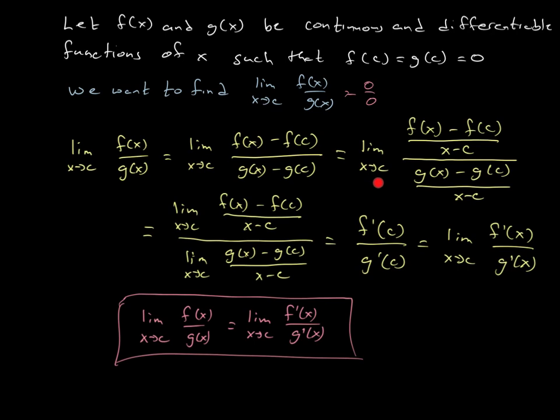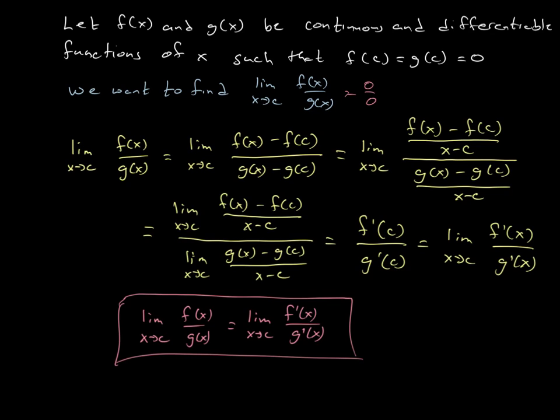And so this limit here, the limit as x approaches c of f of x minus f of c over x minus c, all over g of x minus g of c over x minus c. By limit properties, that's going to be the limit of the numerator over the limit of the denominator. But you'll notice there's that definition of the derivative. So I know that this numerator is f prime of c, and the denominator is g prime of c. And if I rewrite that, I can say that's equal to the limit as x approaches c of f prime of x over g prime of x.